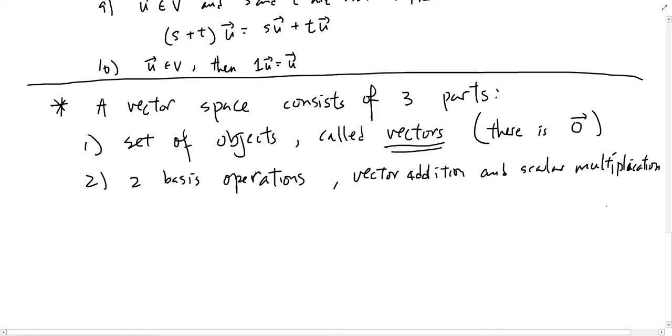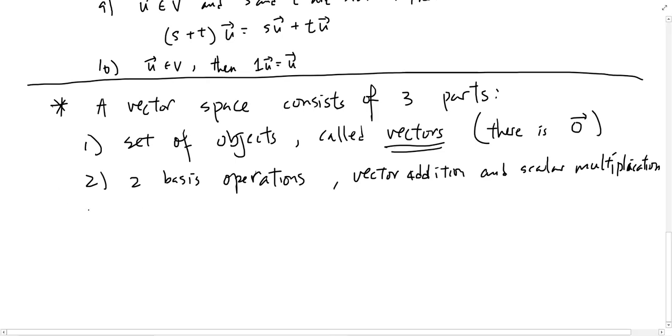Important to realize you do not need to know how to multiply two vectors together. As a matter of fact, we will highly unlikely do anything like that in a vector space. The main reason is that when you multiply two vectors, you're usually creating something that's not the same kind of object, and therefore it doesn't work. So the two basic operations are vector addition and scalar multiplication of vectors.